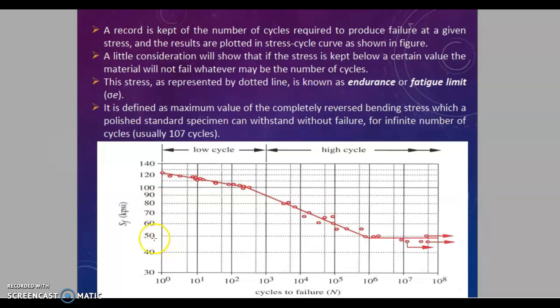So, as the load increases, the number of cycles before failure decreases. This value shows that at a very high value of load, the number of cycles is very low, and as the stress value decreases, the number of cycles the specimen can sustain increases rapidly.